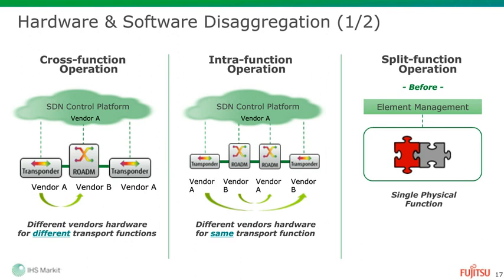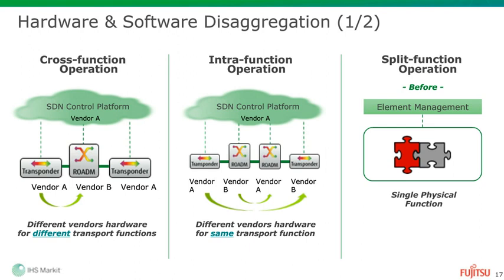For instance, a transponder from one vendor will communicate with a ROADM from another vendor, but those transponders are essentially bookended from the same vendor but connected to a ROADM from another vendor, and this breaks away from the traditional converged system approach into a more disaggregated open approach going forward.